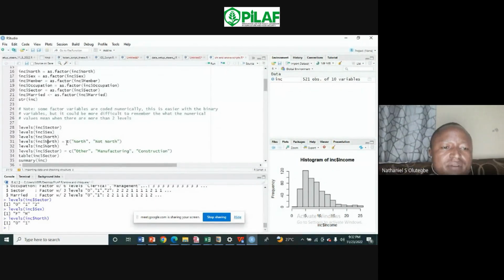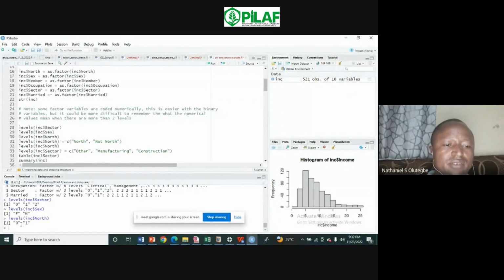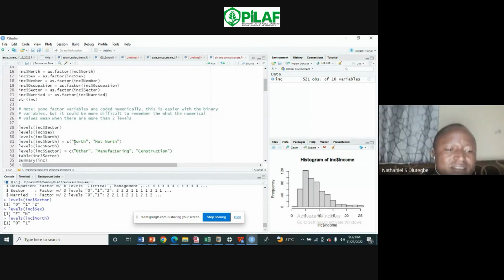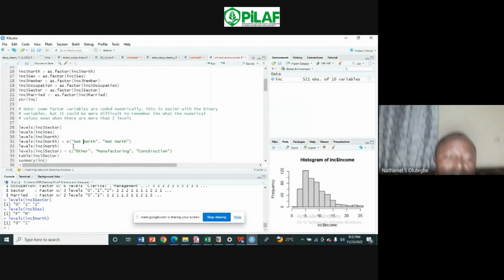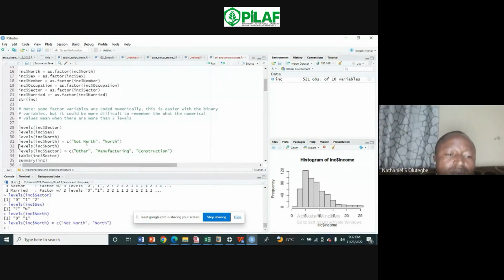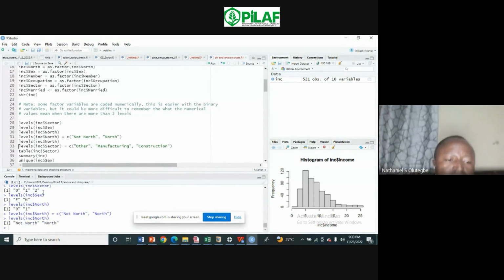However, if you want to be sure you are not making any mistake, you can still go ahead and do something like this, to say that 0 will be not, and of course 1 will be not. Now you have the levels defined.